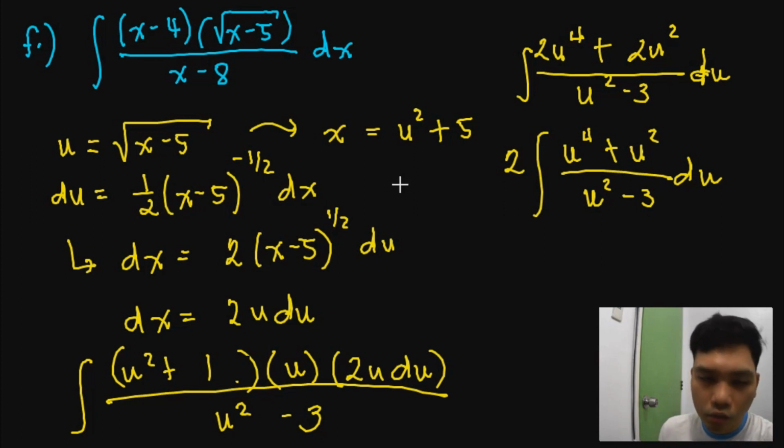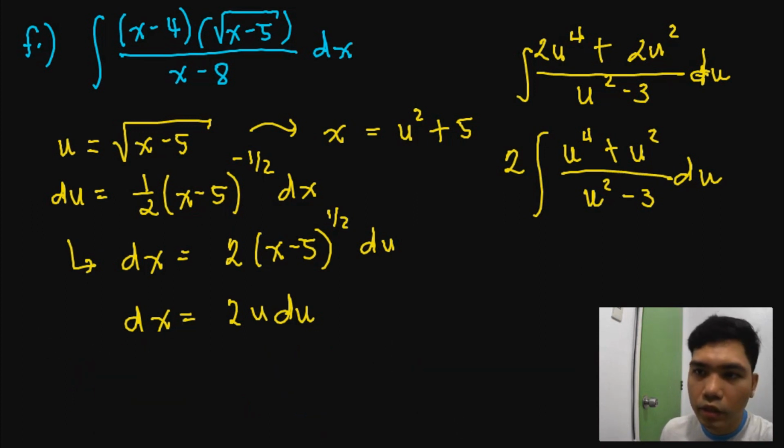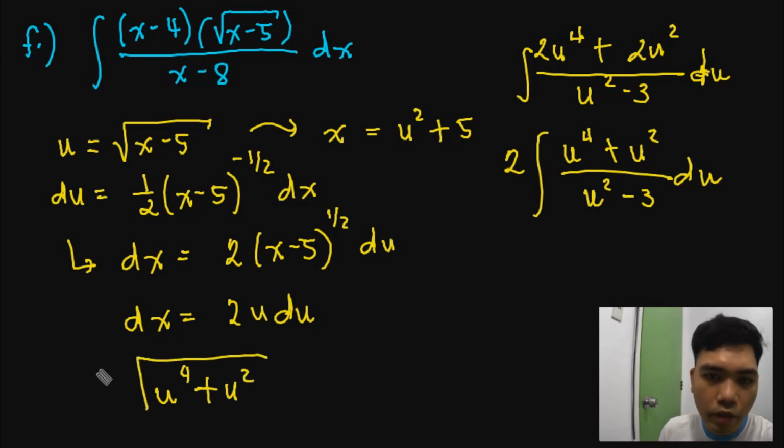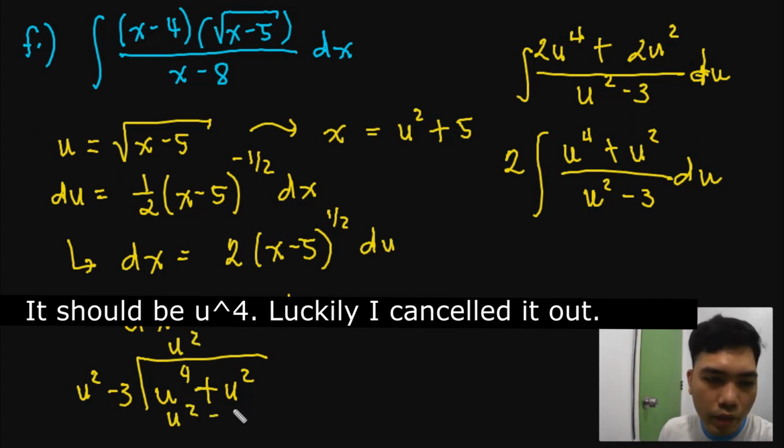Now I'll try to perform long division. So that is u to the fourth plus u squared divided by u squared minus 3. We have u squared, and then u squared minus 3u squared, subtract.